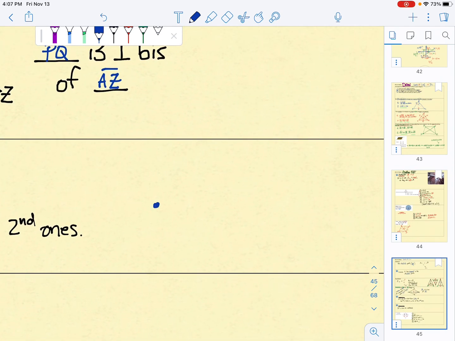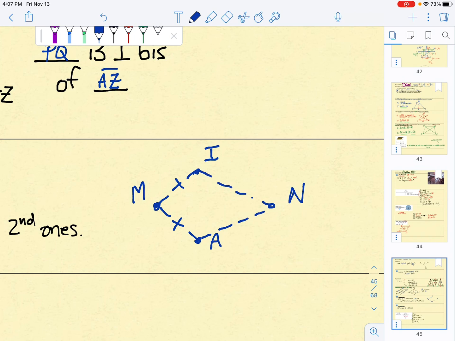So again, if we make a little drawing, here's M and N. We say M is equal distance from I and A, so this distance here is the same as that distance there. And that distance there is the same as that distance there.